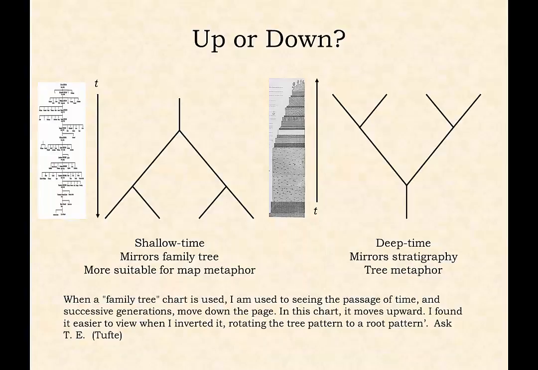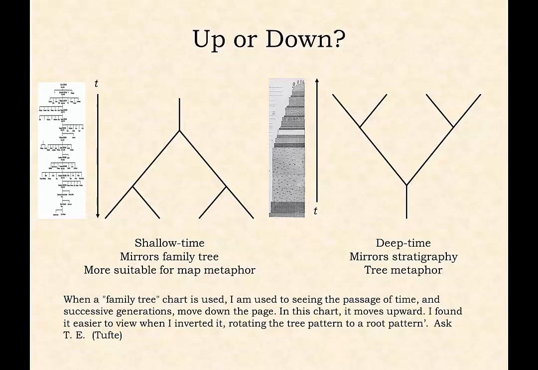Finally, do you draw them upwards or downwards? There's no real great reason, but people draw them different ways. Family trees tend to be drawn from the past down the page towards the present. So when we're talking about shallow time, trees are quite often drawn this way because they're mirroring a family tree sort of thing.